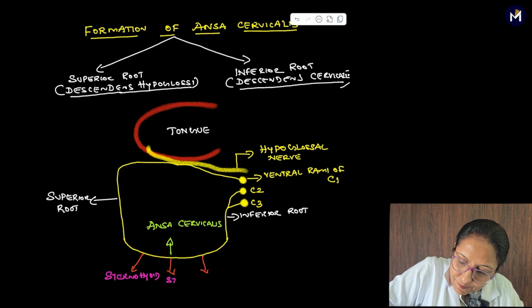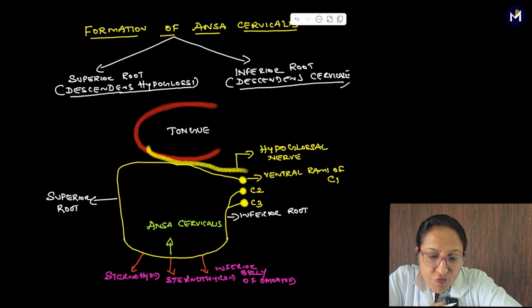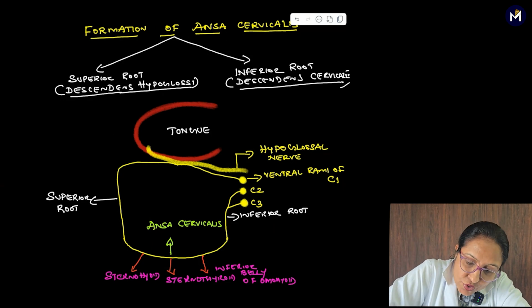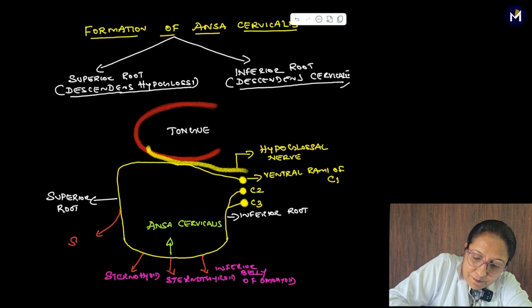It will also supply sternothyroid and it will supply inferior belly of omohyoid. Inferior belly of omohyoid. Whereas from the superior root, it will also supply superior belly of omohyoid.